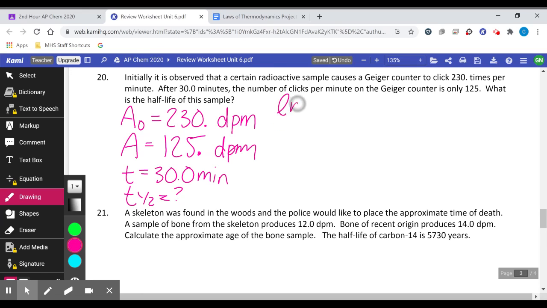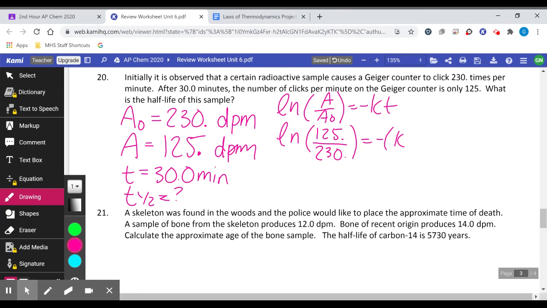So since they give me activities, I'm going to use this form of the equation. Let's plug in what we know. We have an A of 125, A sub 0 of 230 equals negative, we're going to solve for K, times 30 minutes. On the left side of my equation, I'm going to enter natural log, just like I see it, 125 divided by 230.